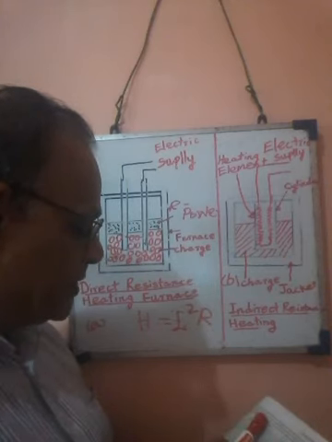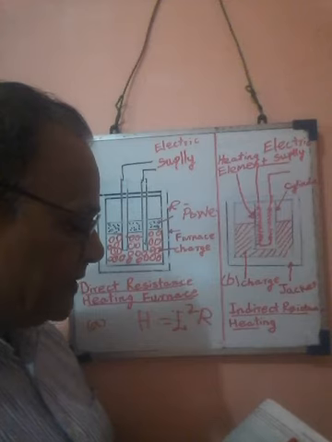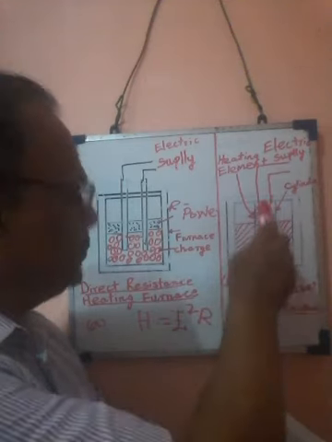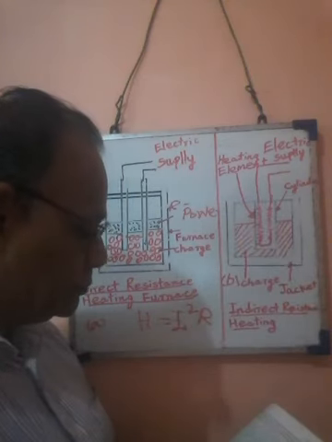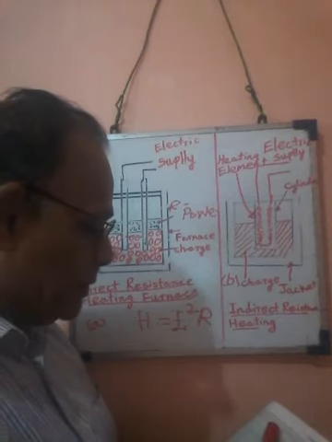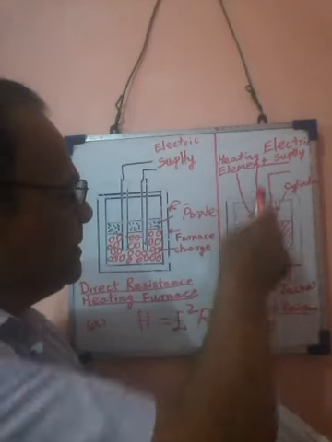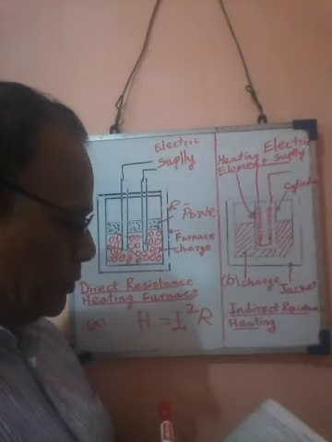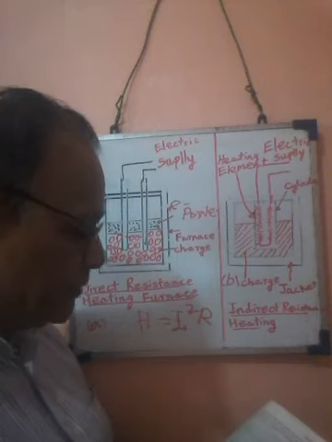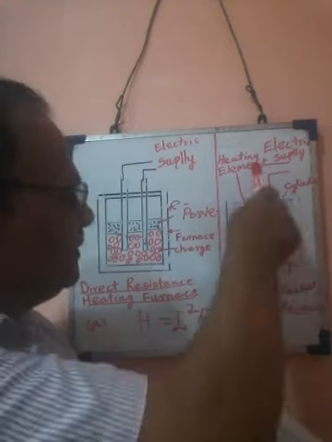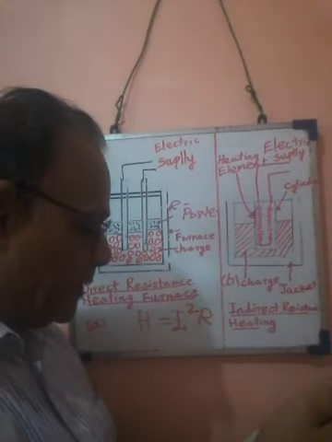Sometimes the resistance element is placed in a cylinder which is surrounded by the charge placed in the jacket. This arrangement provides uniform temperature. Moreover, automatic temperature control can be provided.